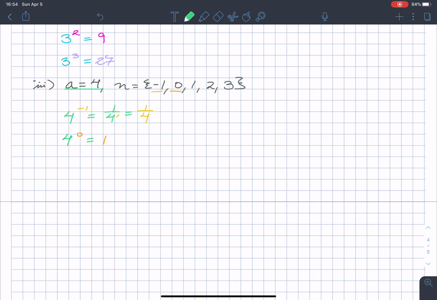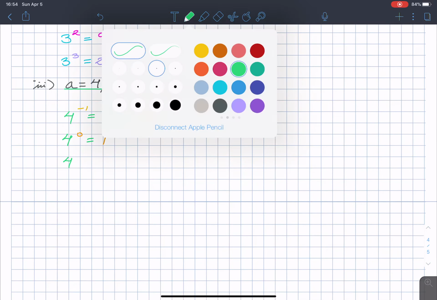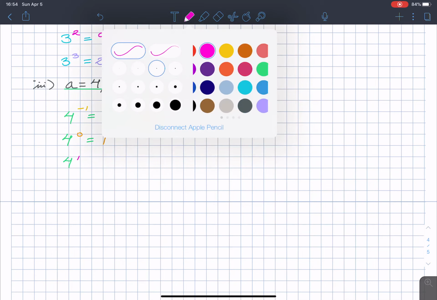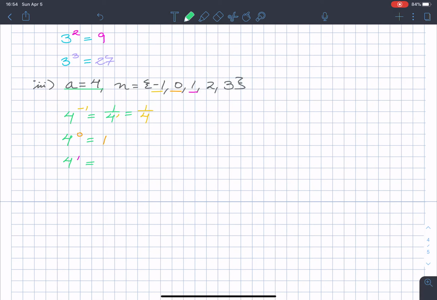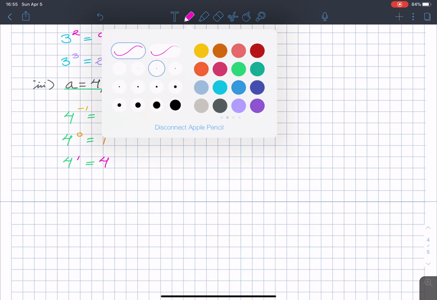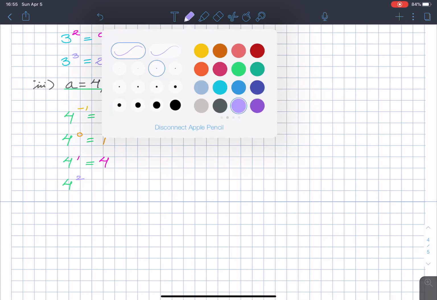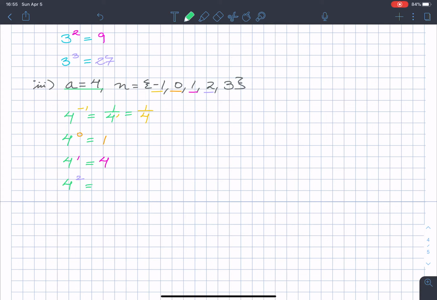Now let's do 4 to the first power. Well, anything to the first power is just itself. So that's just going to be 4. Now let's do 4 to the second power. So that's 4 times 4, which is 16.